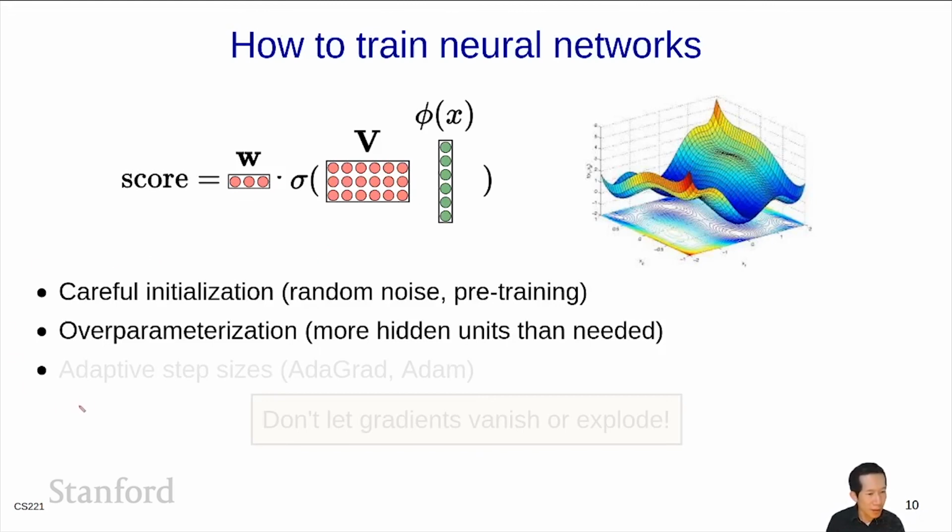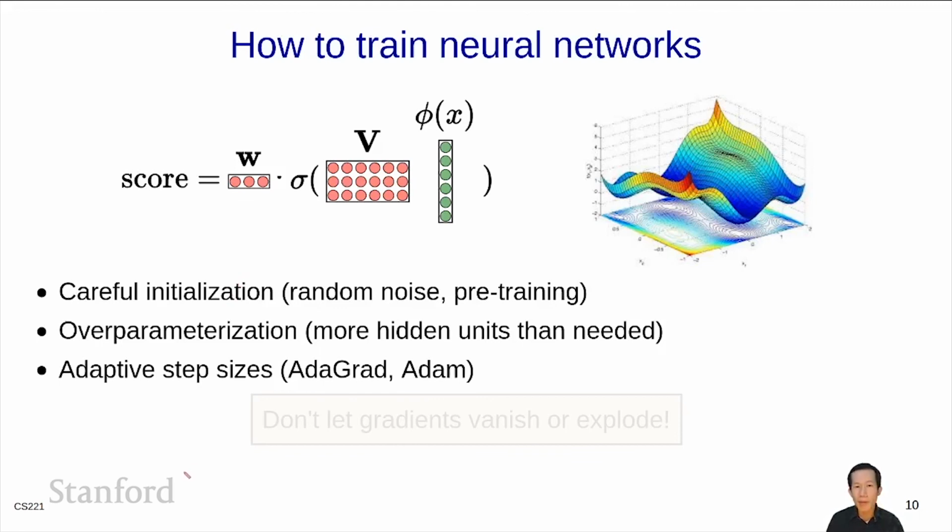And the final thing that people do is use adaptive step sizes, which is generally an extension of stochastic gradient descent. Remember, in stochastic gradient descent, we had a single step size eta, which controlled how fast you move. With methods like AdaGrad or Adam, you actually get a per-feature or per-parameter step size. So for every weight, you get a number which dictates how fast you should be moving in that direction. And this generally leads to better results.